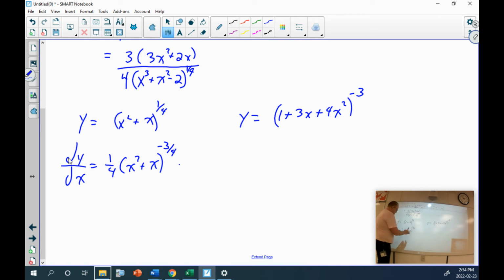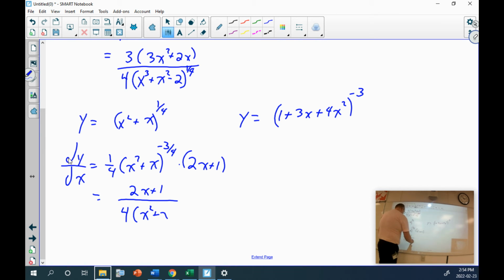Okay, so there's your derivative of the outside function times the derivative of the inside function. And I would tidy this up to 2x plus 1 over 4 times x squared plus x to the power of 3/4. Okay. No other way to really tidy that up.